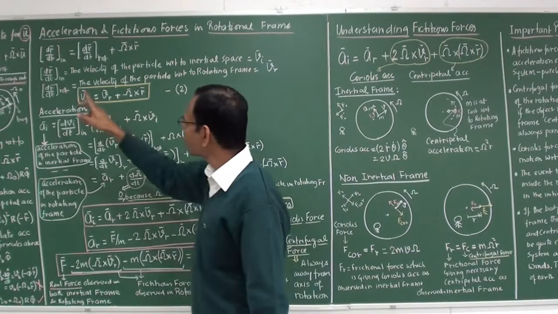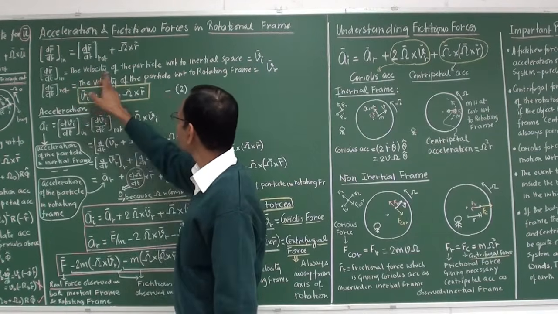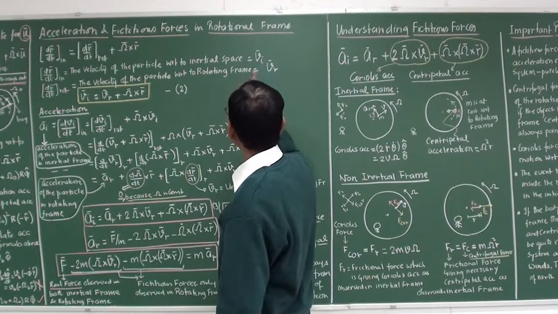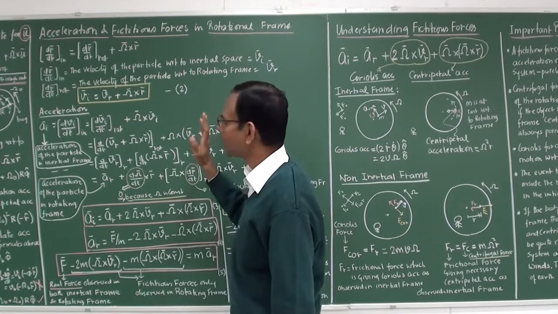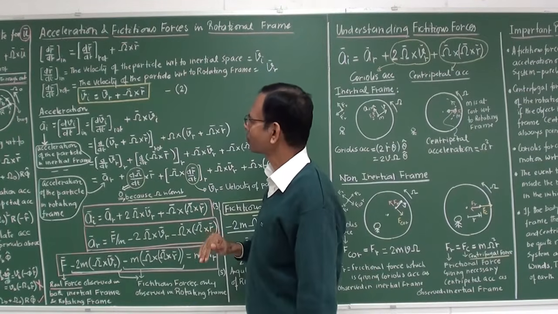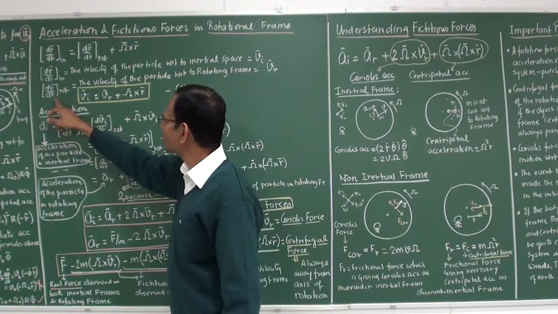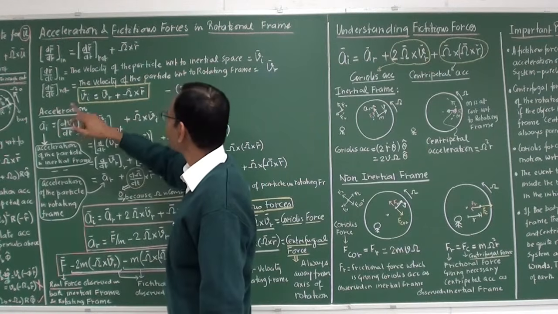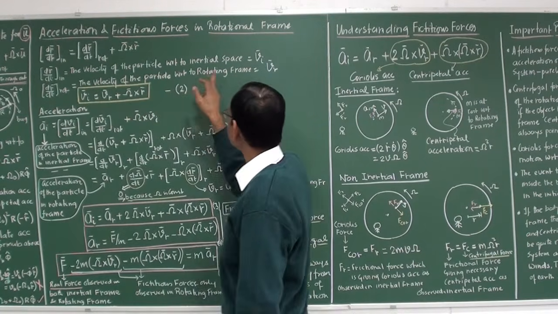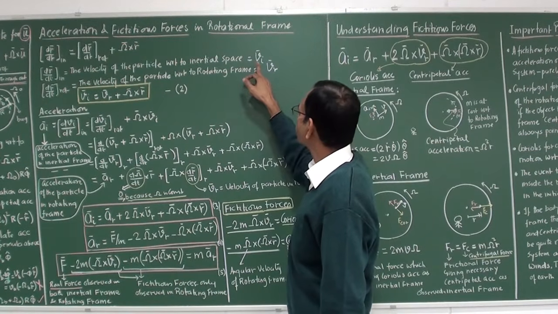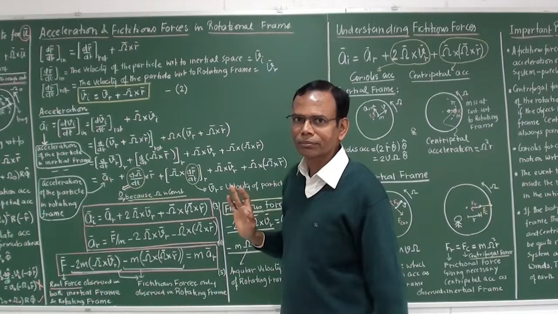Now dr by dt inertial is the velocity of the particle with respect to the inertial frame. That is your vi. And dr vector by dt rotational is the velocity of the particle with respect to the rotating frame, so vr. So vi and vr.